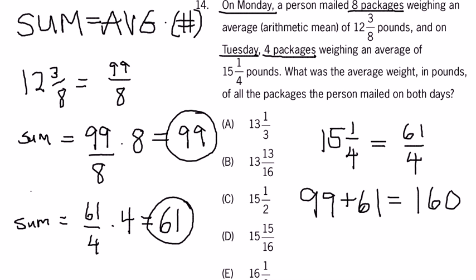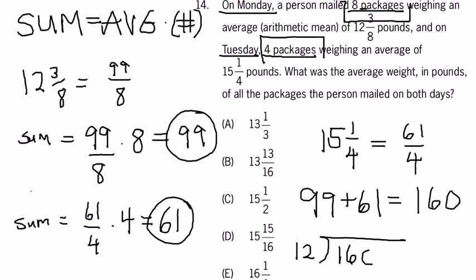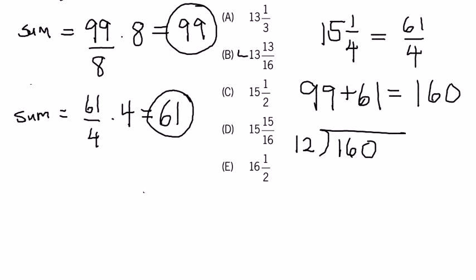12 packages total, 4 packages and 8 packages. And so we've got to do 12 into 160. That goes one time.